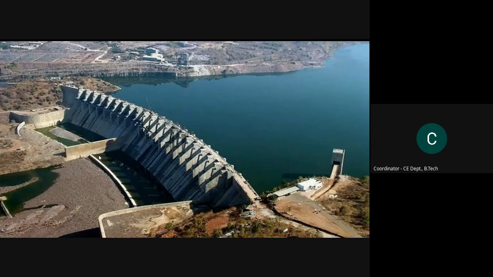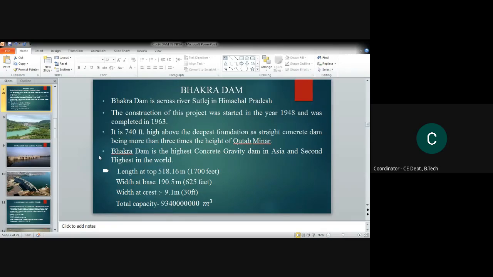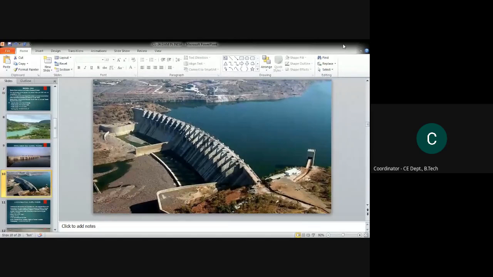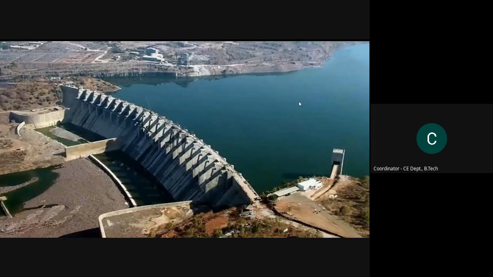So as a civil engineer, personally I think in future we should consider that the purpose of the construction of any structure should not harm any human life or any animal. The dam construction is not always a blessing to humankind. So it has to be considered.